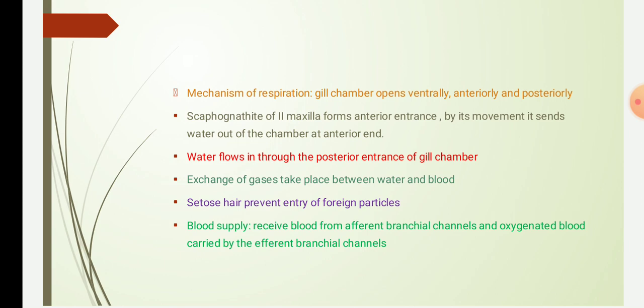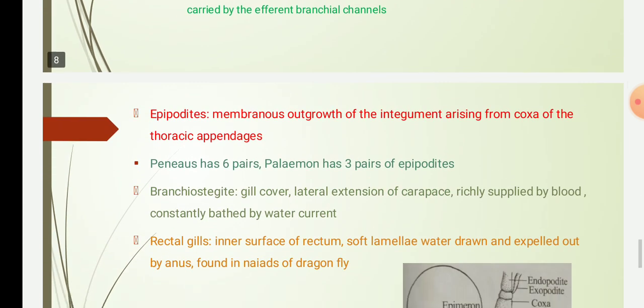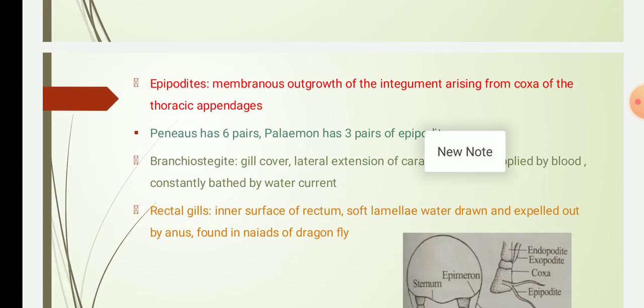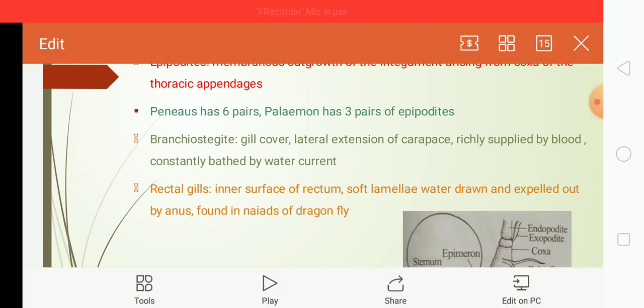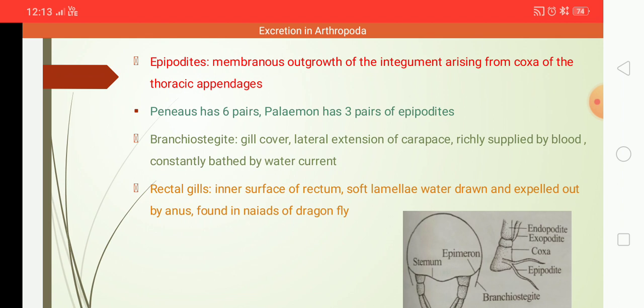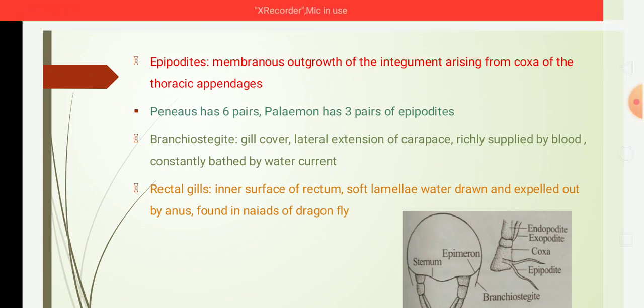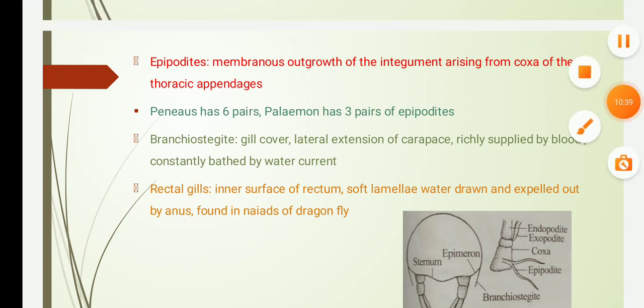Okay, the next type of respiratory organ which is found in an aquatic medium is the epipodite. Okay, this epipodite is the membranous outgrowth of the integument that will be arising from the coxa of the thoracic appendages.